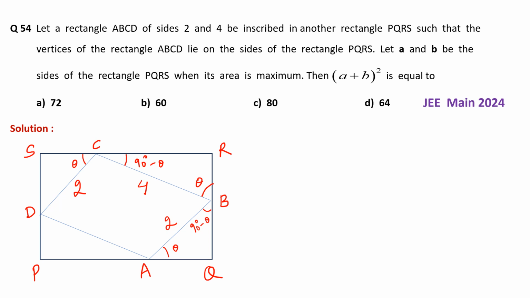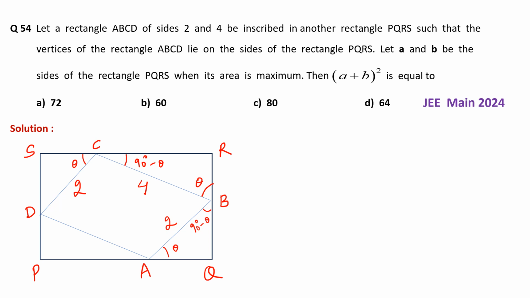As you are seeing, I have already drawn the figure of the question. There are two rectangles given to us. Rectangle ABCD is inscribed in another rectangle PQRS such that the vertices of the rectangle ABCD lie on the sides of the rectangle PQRS.